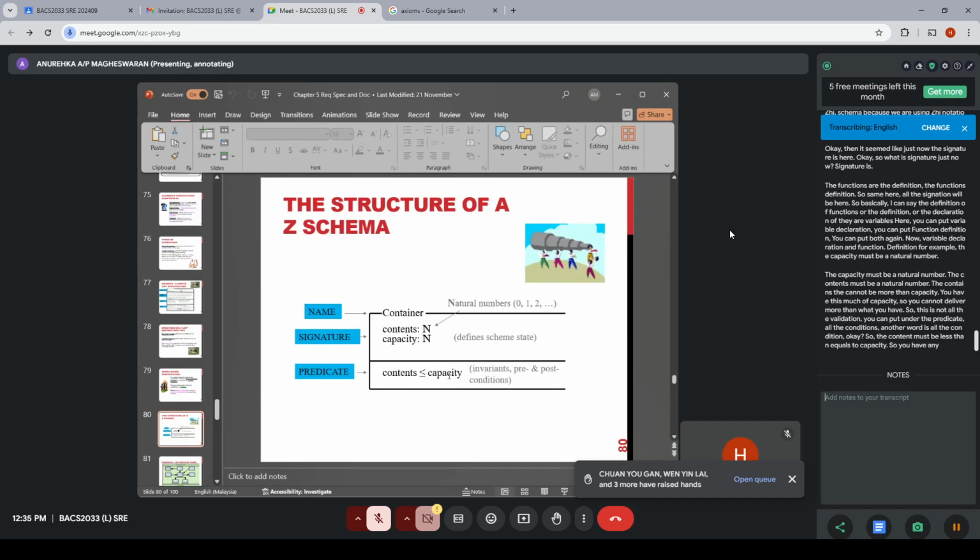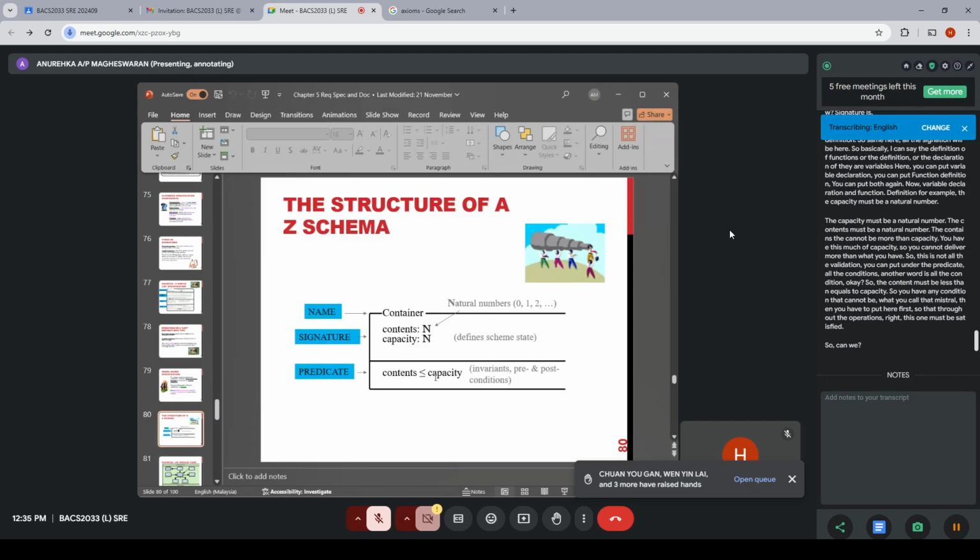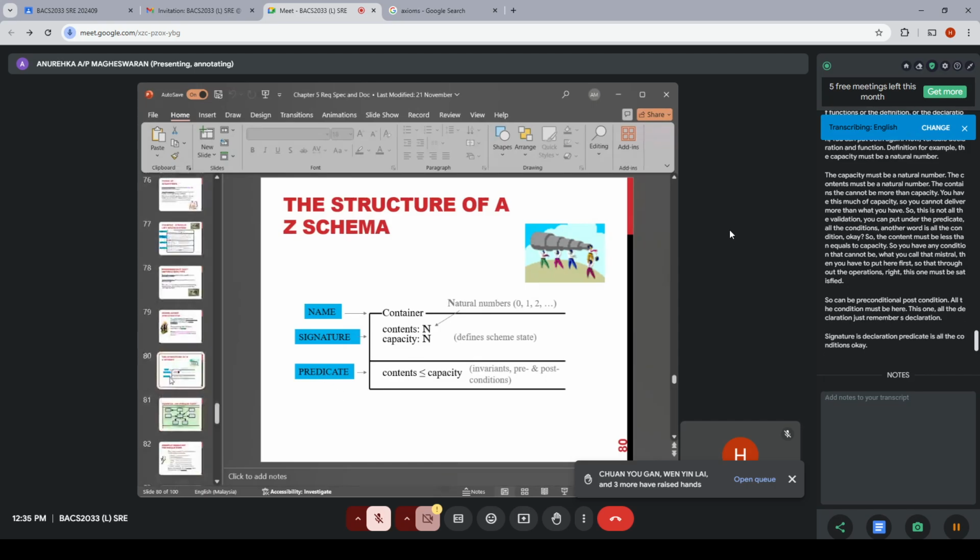If you have any condition that cannot be violated, you have to put it here first, so that throughout the operations this must be satisfied. It can be a precondition or postcondition. All the conditions must be here. Just remember: signature is declaration, predicate is all the conditions.